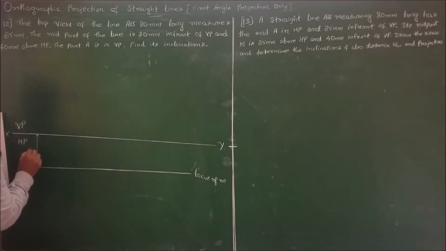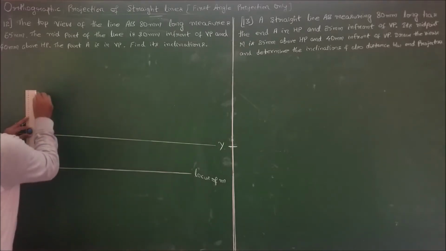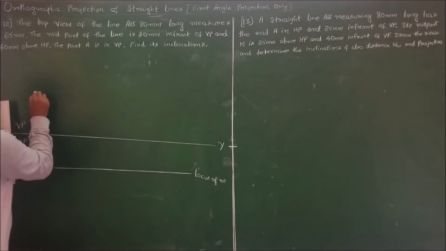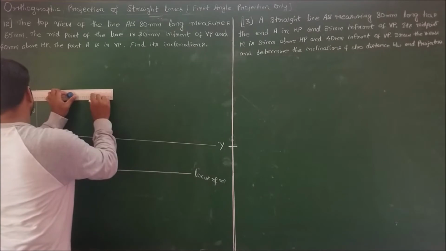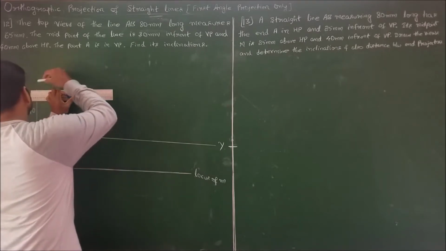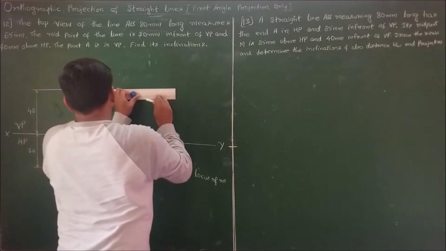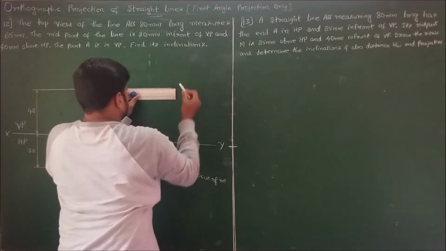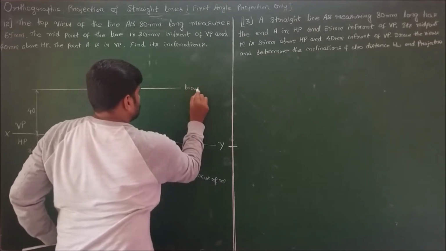So this is 30 mm in front of VP and 40 mm above HP. So this is the locus of M dash. Thereby I have drawn the locus of M dash also.